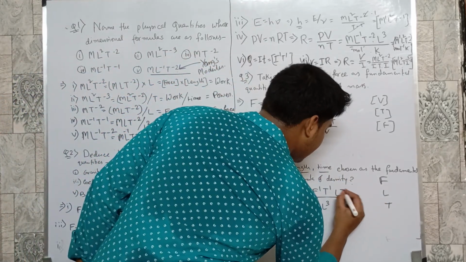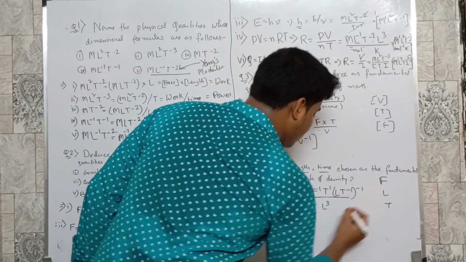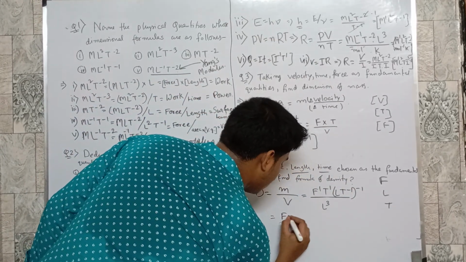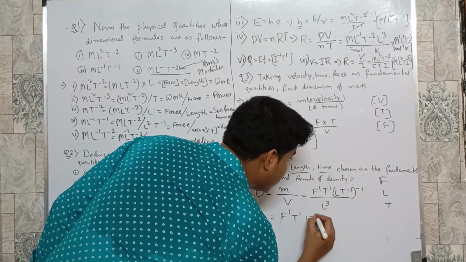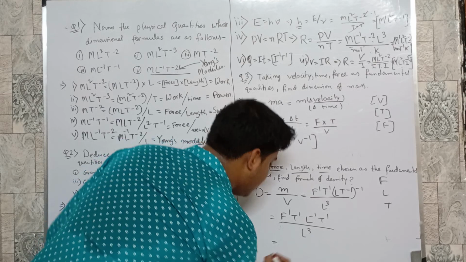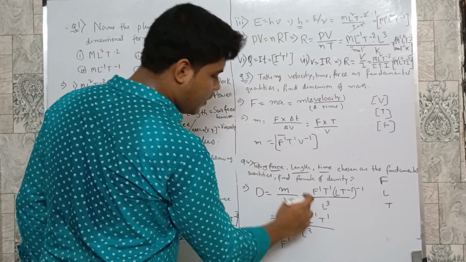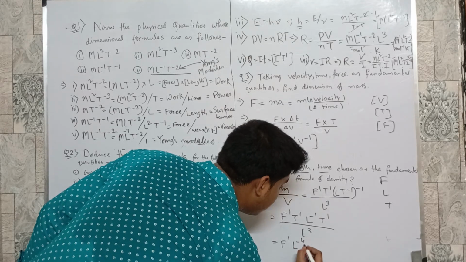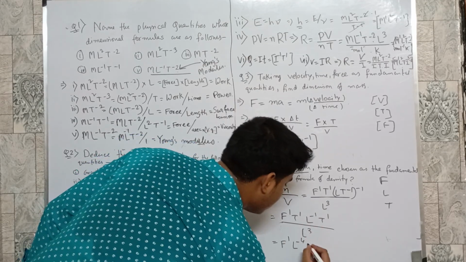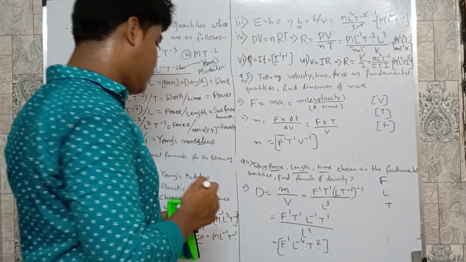So take L T minus 1 with power minus 1 and solve it. So f to the power 1, t to the power 1, L to the power minus 1, T to the power plus 1, divided by L cube. So finally it becomes f to the power 1, L to the power minus 4, T to the power 2. So this is the expected dimension.